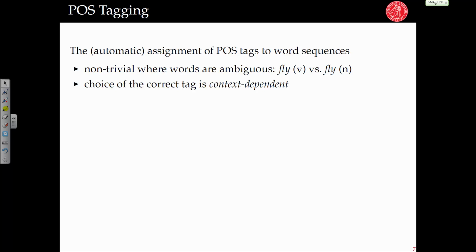I'm not a native speaker, so I really don't know whether it can be an adverb. Adjective, you mean? Yeah, it might be. It's possible.